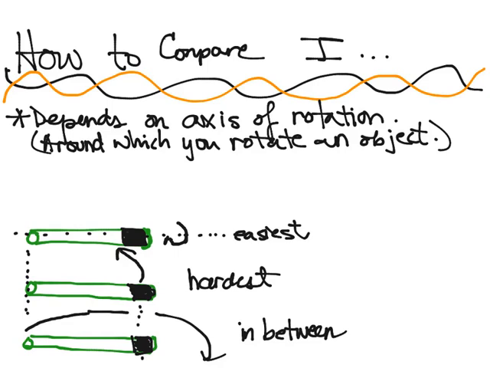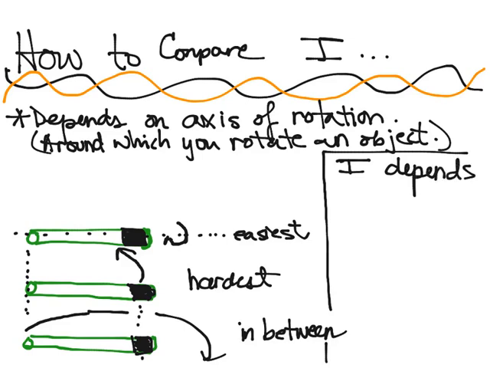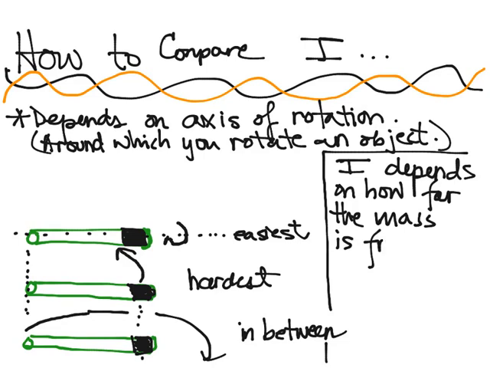So what we can kind of conclude from this is that our moment of inertia depends on how far the weight or the mass is from our axis of rotation.